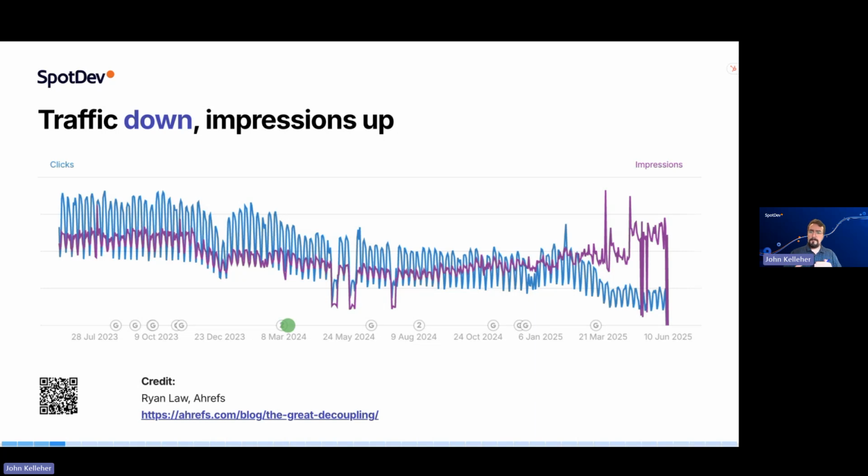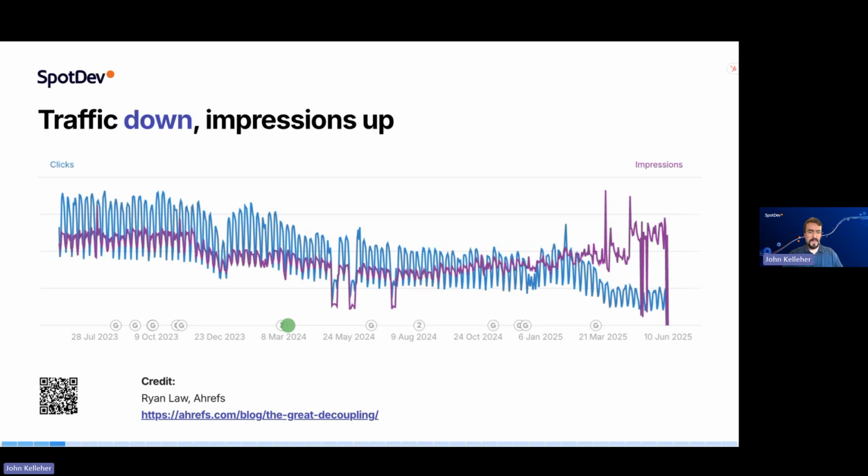And you can see this perplexing combination. The impressions are going up, but the clicks are going down. What does that mean? It means you're showing up in search more often than you used to, but you're getting less traffic from those impressions.